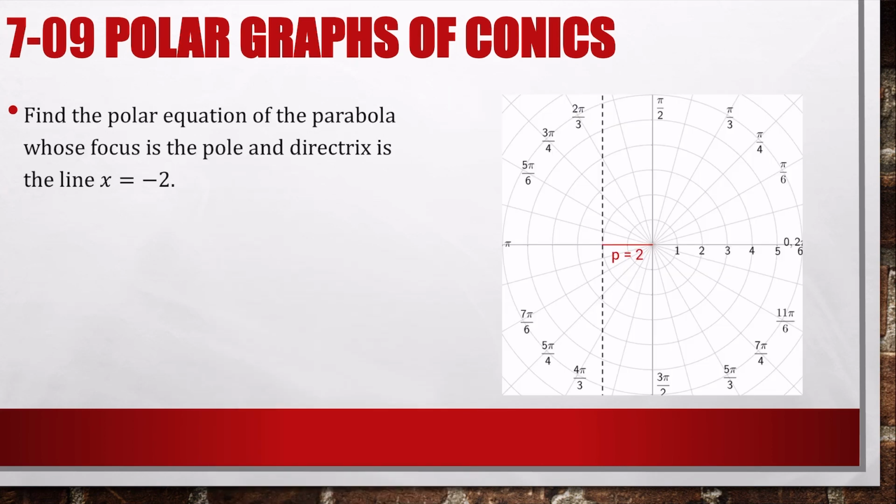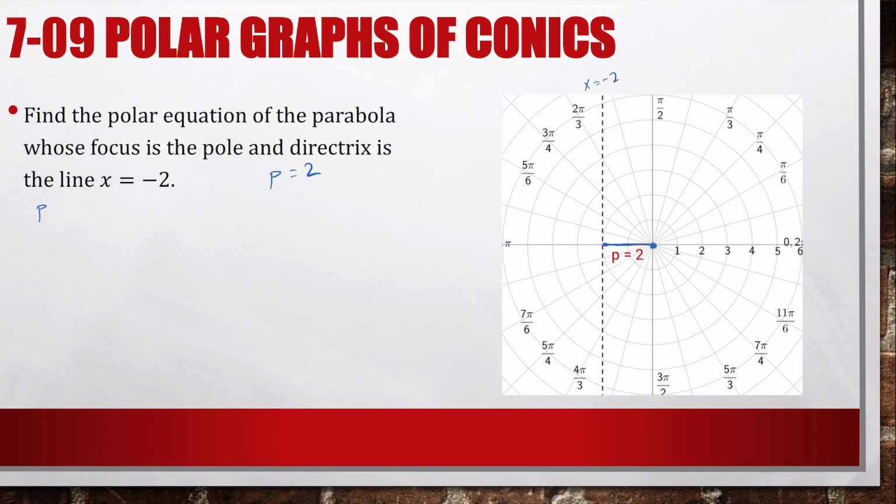Find the polar equation of the parabola whose focus is the pole and directrix is the line x equals -2. On my graph I put the line x equals -2, so it's a vertical line 2 units away from the origin, or the pole. That tells me right away that P is 2, because P is the distance from the focus to the directrix.